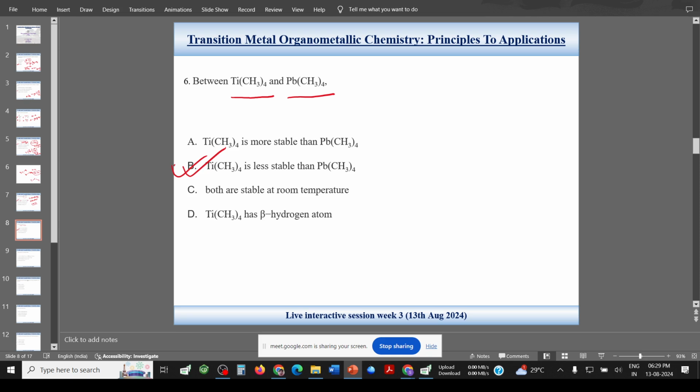Obviously titanium is in the 3d group, whereas lead is in which group? 5d, 5d6s. So the energy is higher, the orbitals are big in size. How does the higher energy affect it here?